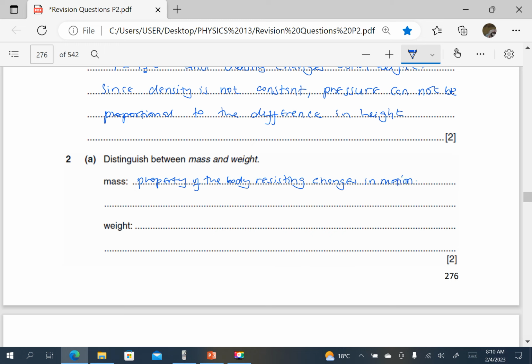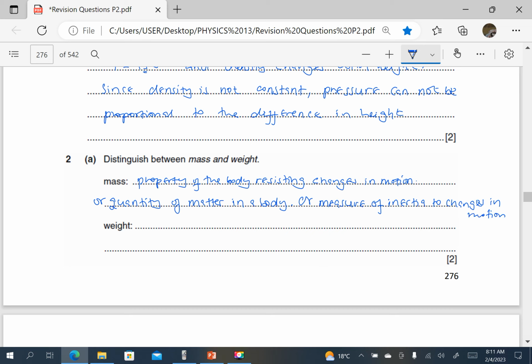Mass is the quantity of matter in a body. Or you can say mass is a measure of inertia to changes in motion.